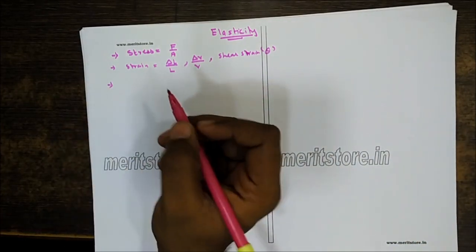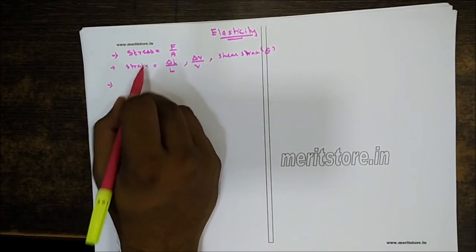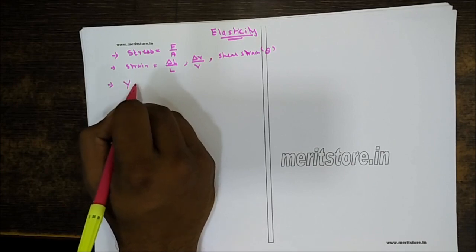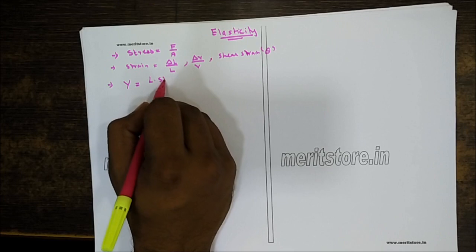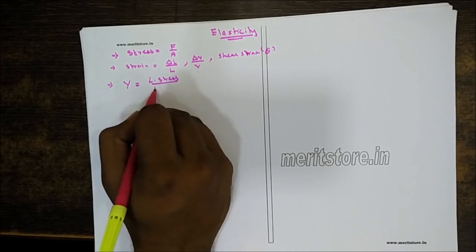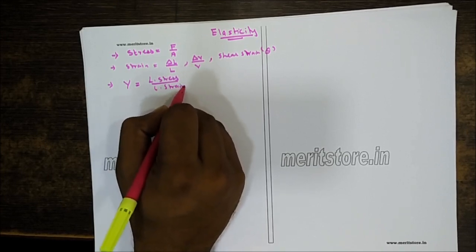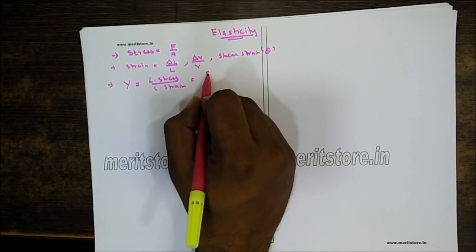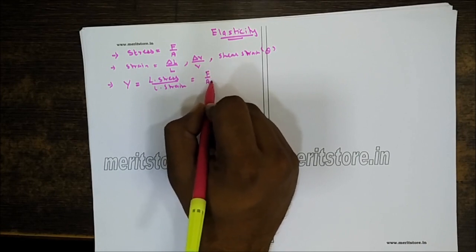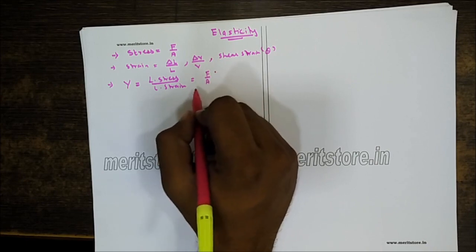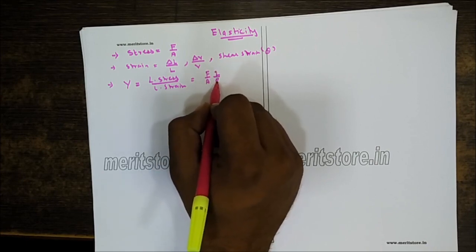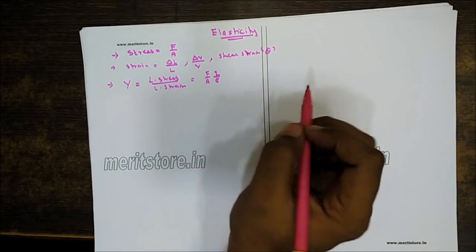Now there is a relation between stress and strain, which is called the modulus of elasticity. Young's modulus is given as longitudinal stress to longitudinal strain, which can be written as F upon A into L upon E, where E is the elongation.